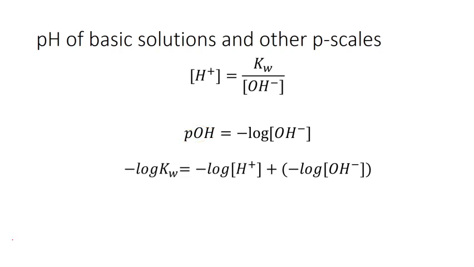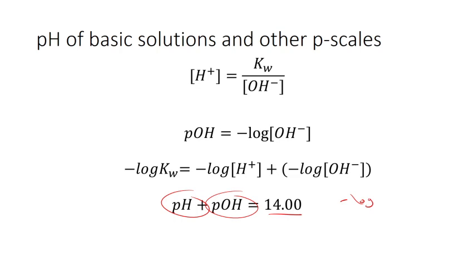And we can also figure out the pH or pOH based on the other, because if we take the negative log of everything in this equation that we saw earlier, we can come up with this, right? That pH plus pOH is equal to 14 because the negative log of 1 times 10 to the negative 14th is 14, right?